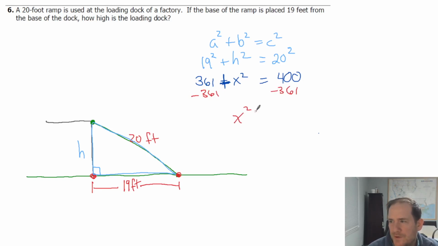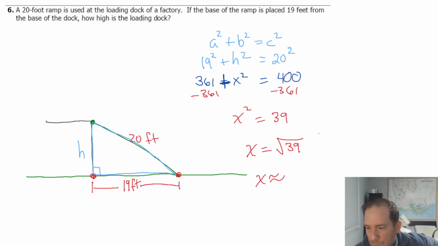And you get h squared equals 39. Or h equals the square root of 39. Or h is approximately whatever the square root of 39 is. So 6.24.